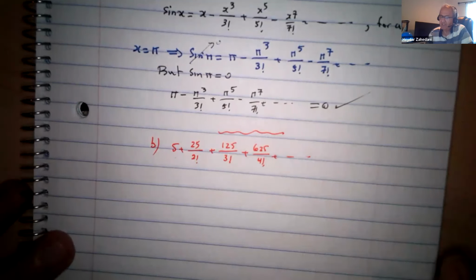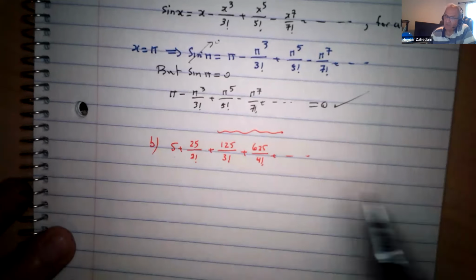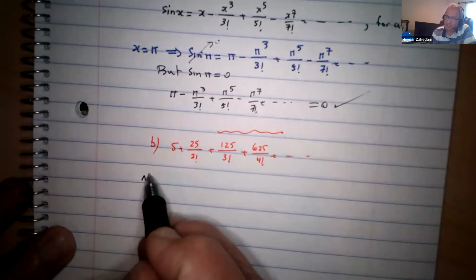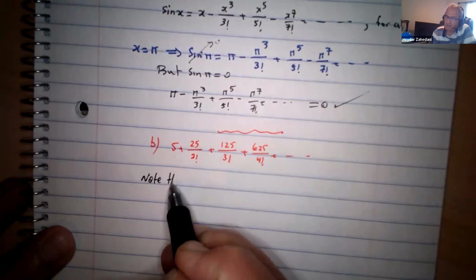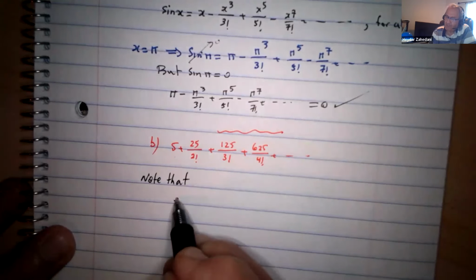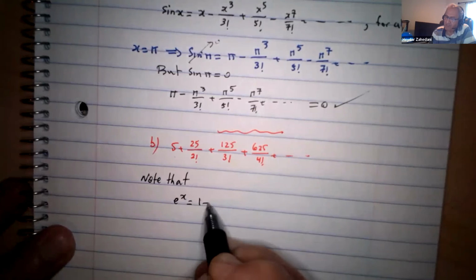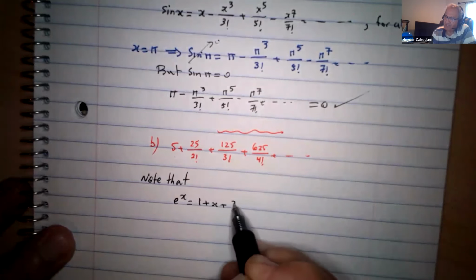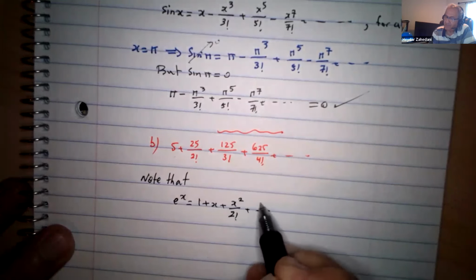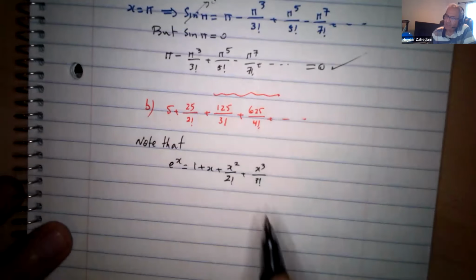So this means it's very much like the exponential e to the x series. So you realize that you have to use this series. Note that e to the x is 1 plus x plus x squared over 2 factorial plus x cubed over 3 factorial, and you continue.